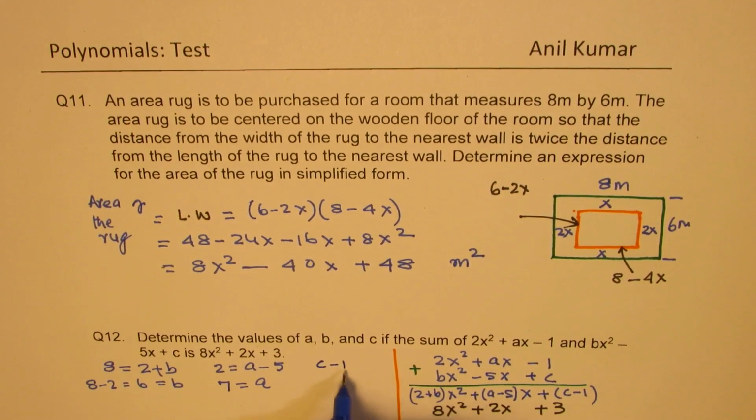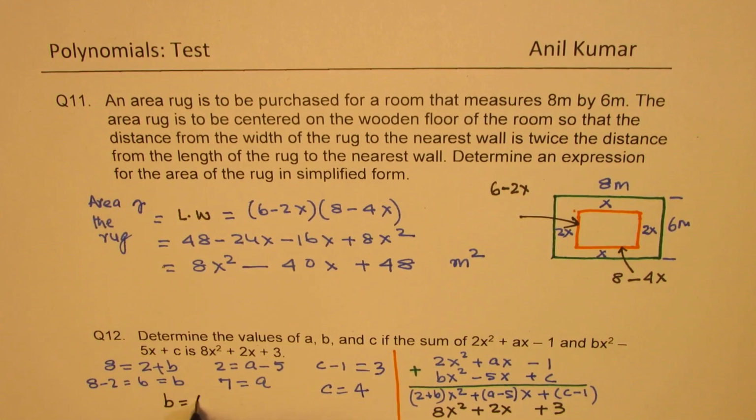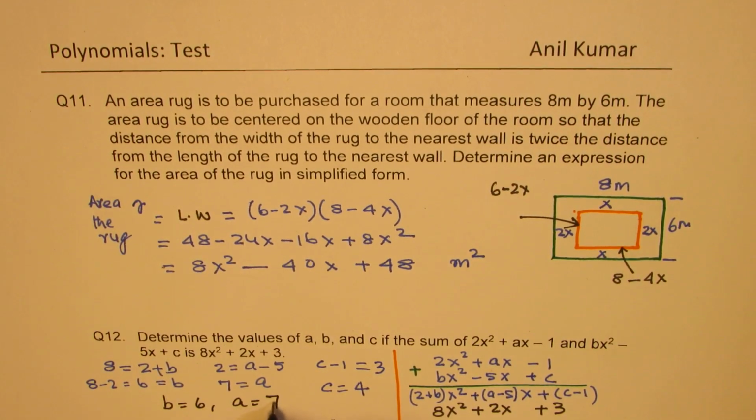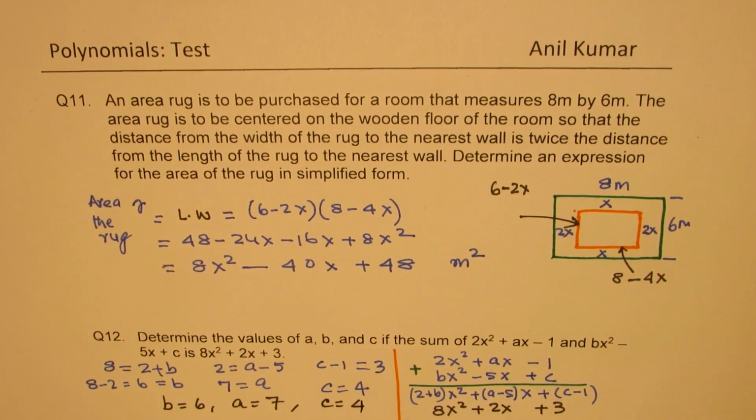And we know c minus 1 should be equal to 3. So c is 3 plus 1, which is 4, correct? So we can now write down our answer that b is equal to 6, a is equal to 7, and c is equal to 4. Clear? So that is how we are going to answer this question.